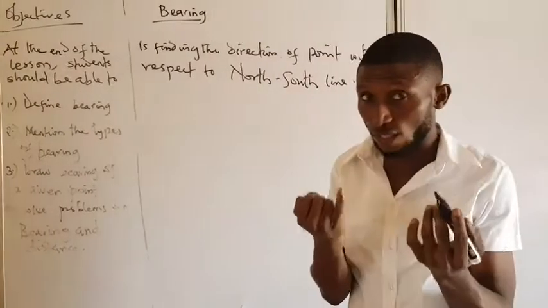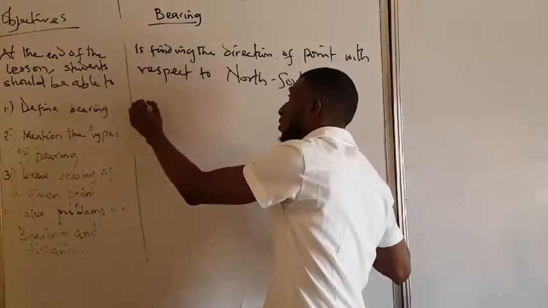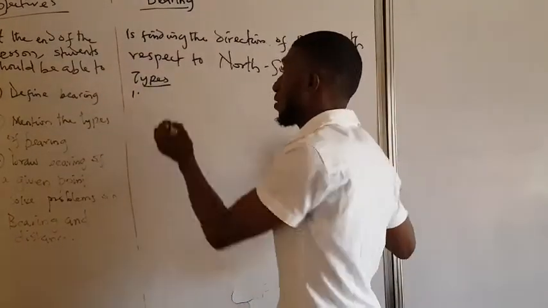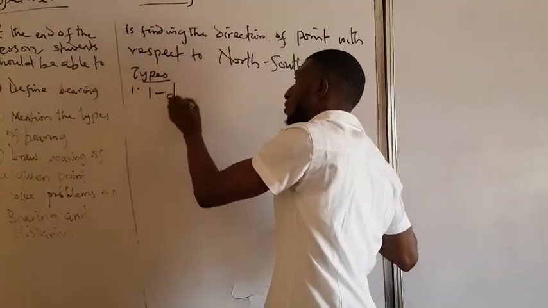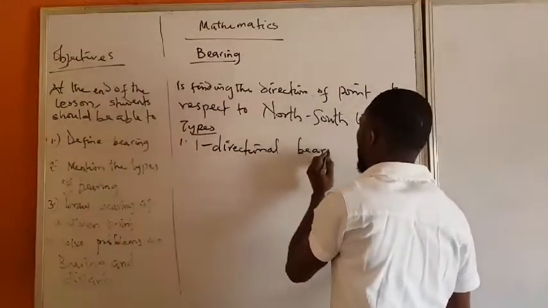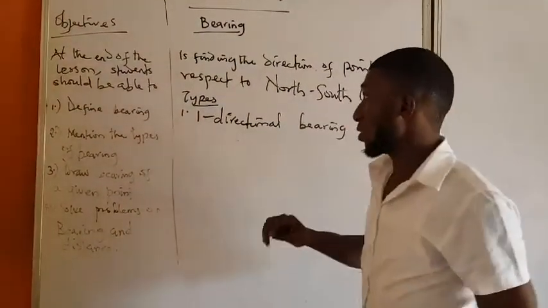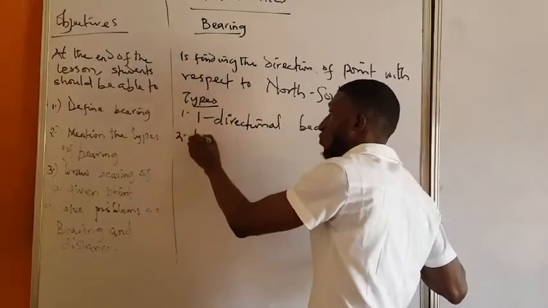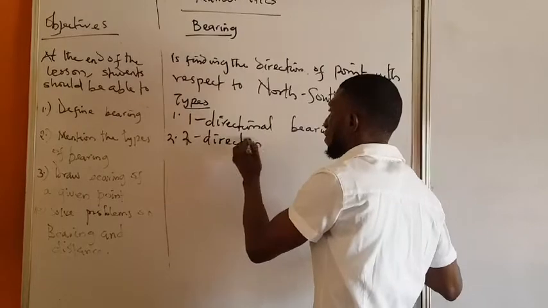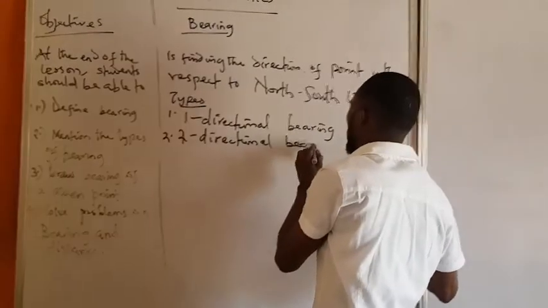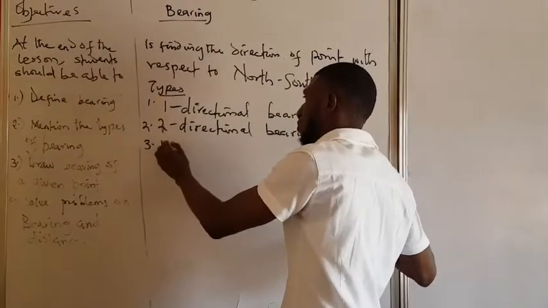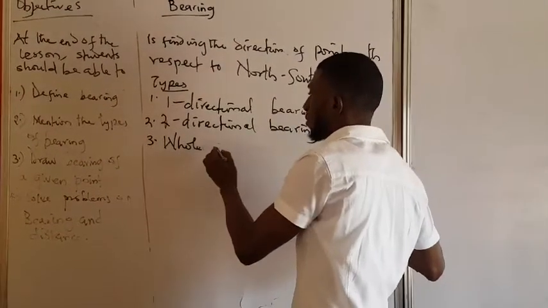And we have three types of bearing. We have one directional bearing, two directional bearing, and whole circle bearing.